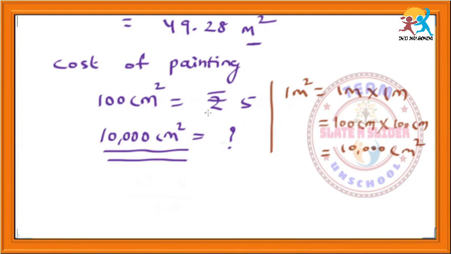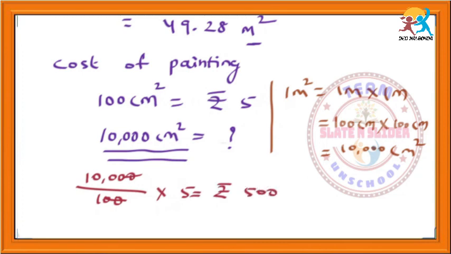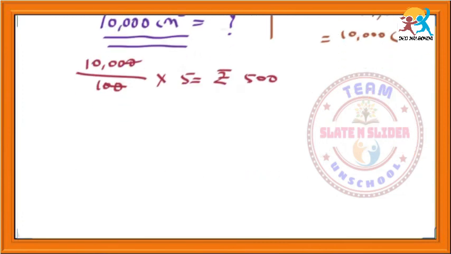For 100 centimeters square it is 5 rupees. For 10,000 centimeters square it is more or less? More. So we get more by less into 5. So by simplification we get the amount in rupees, that is 500. So now again we can frame the question, that is for 1 meter square it is 500 rupees.